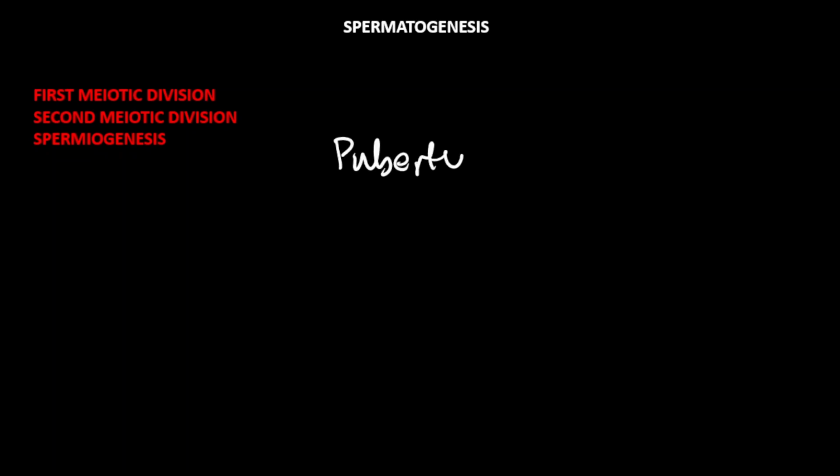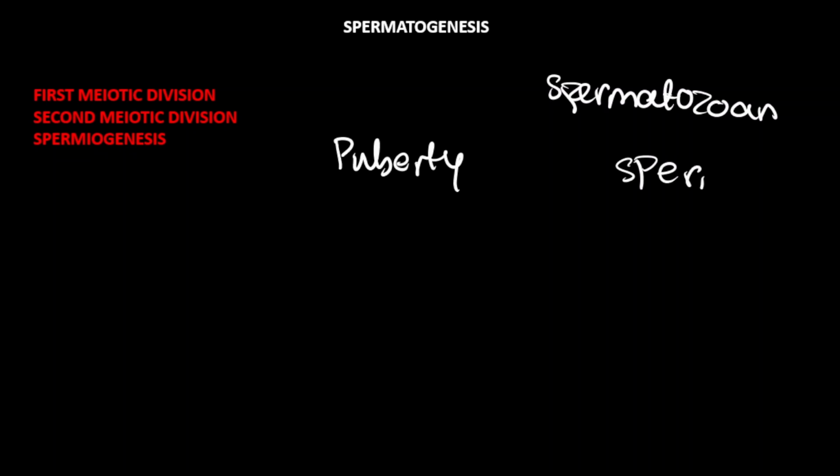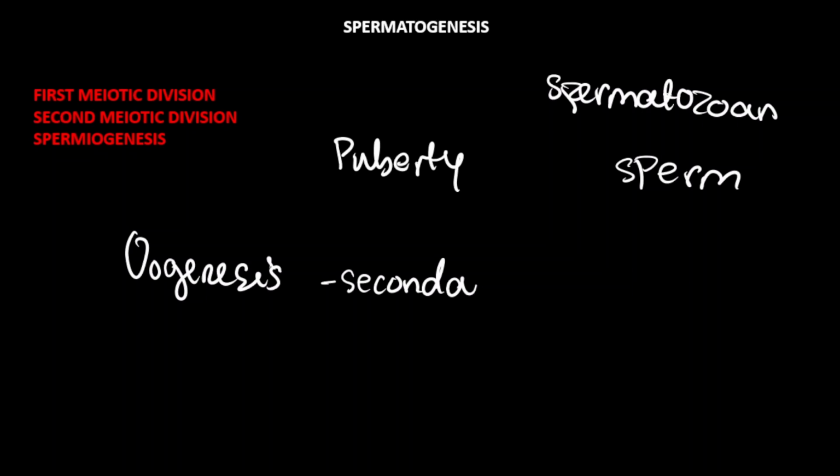And it basically involves the various steps that lead to the formation of spermatozoa or sperm. Now, another thing for us to take note of as a difference between oogenesis and spermatogenesis is that when we considered oogenesis, we saw the formation of a secondary oocyte as well as polar bodies.